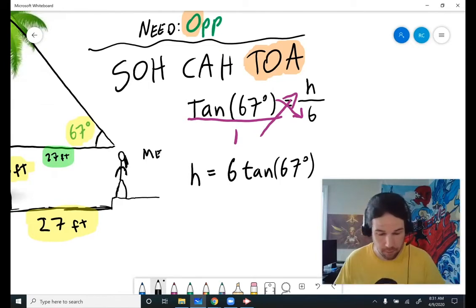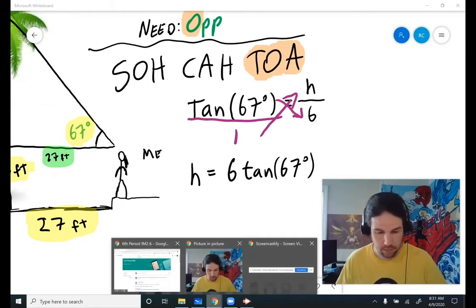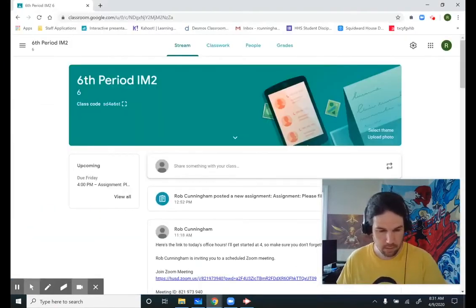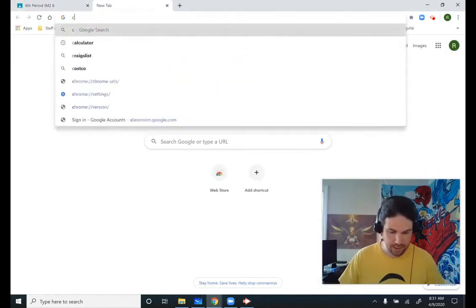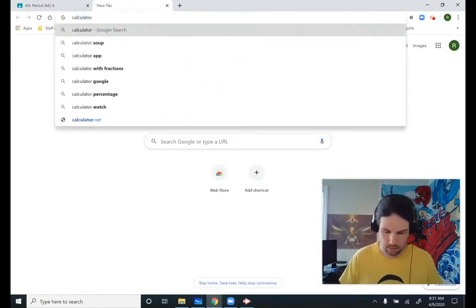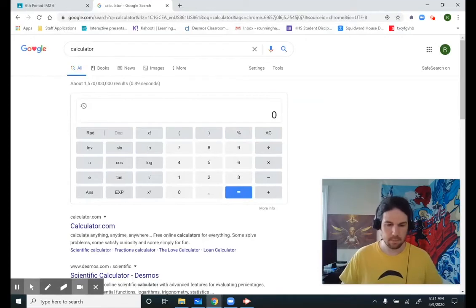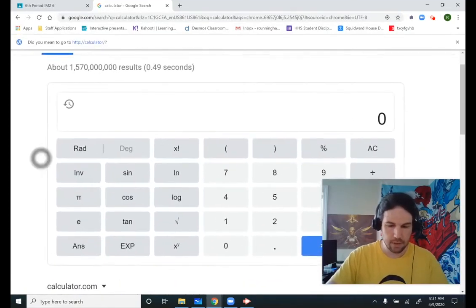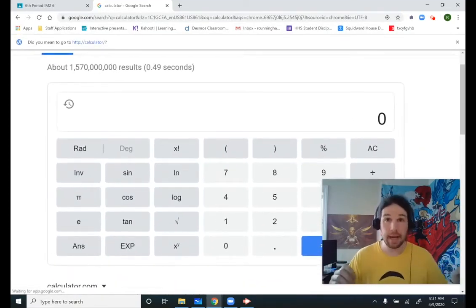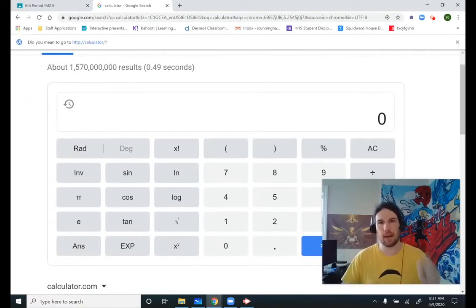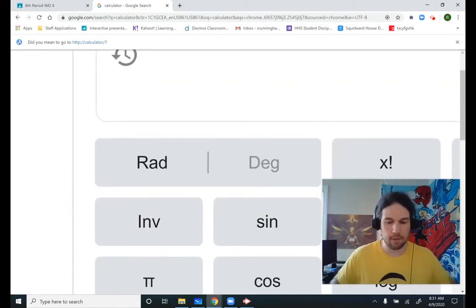So I'm going to jump over into Chrome. And I'm going to type in calculator. And it gives me this Google calculator. Now, if you're using this calculator, the first thing you absolutely have to do is look at this button right here in the very upper left of the calculator's keyboard.